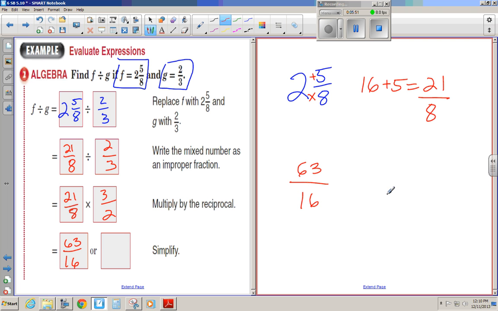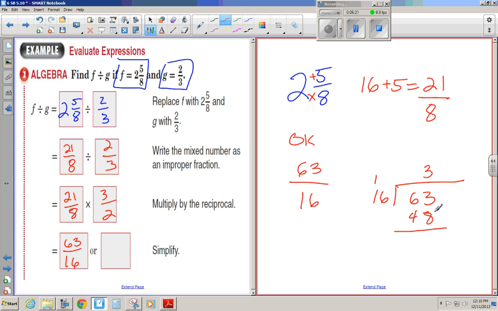So now it's a matter of writing it as a mixed number. And like I said, I'm okay with this part, but the mixed number is still an important piece to figure out. How many times does 16 go into 63? 4 times? Maybe? Actually, 3 times. 3 times 16 is 48.